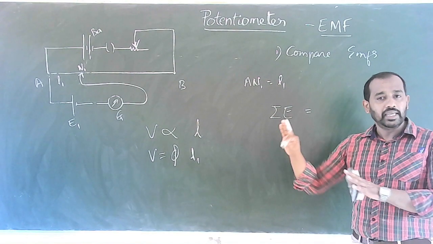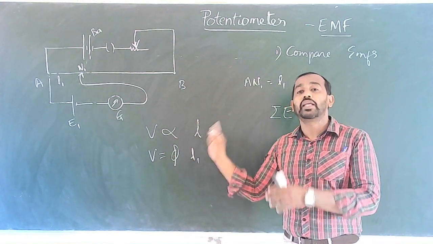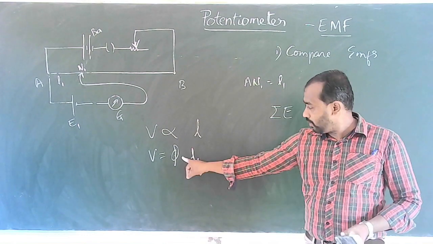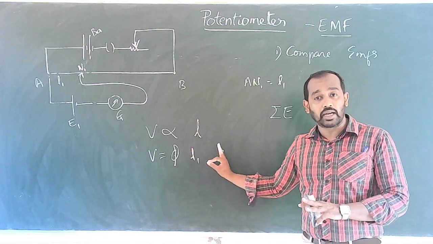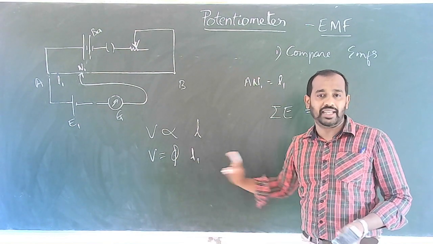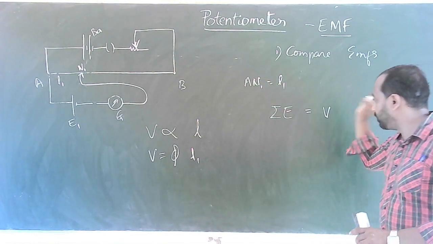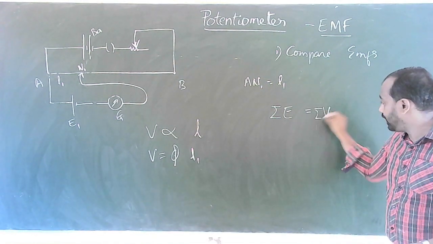But here, instead of considering an IR drop, we are going to consider the potential drop, not written in terms of resistance into current, but in terms of some constant into length. So I will treat it as V itself, the summation of voltage drop.